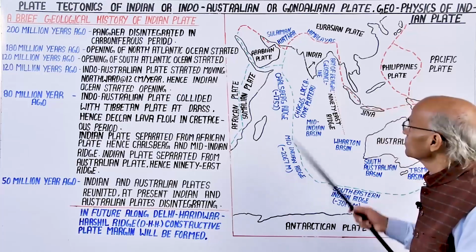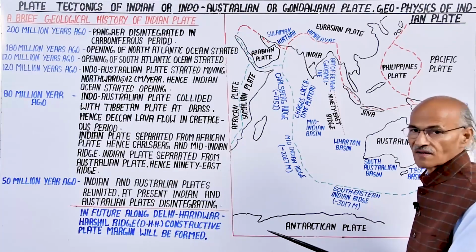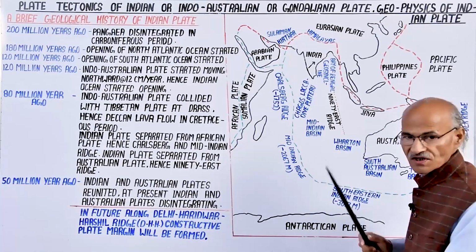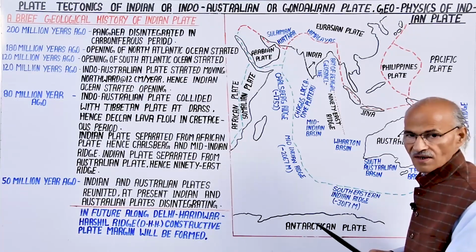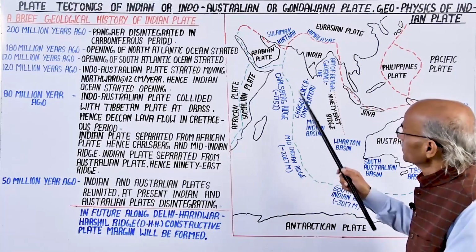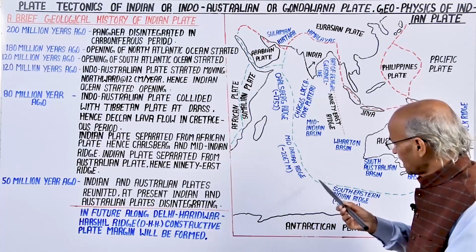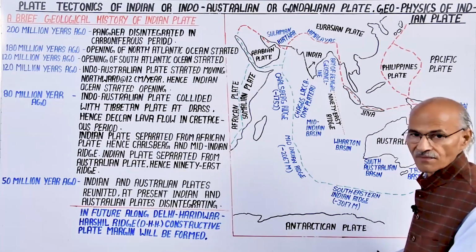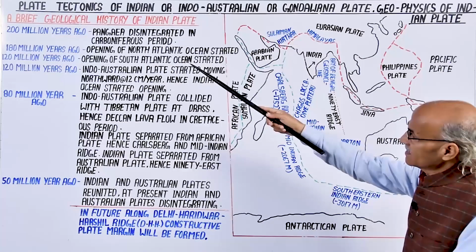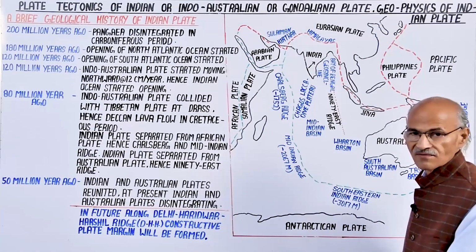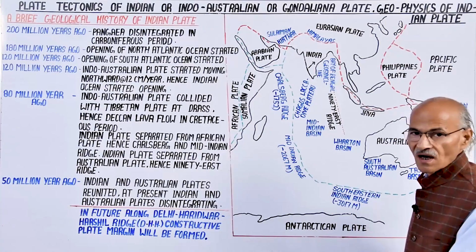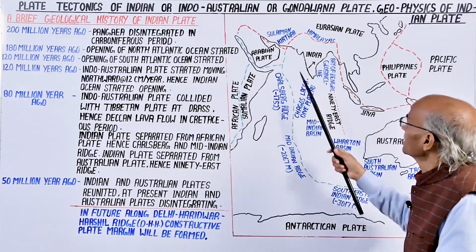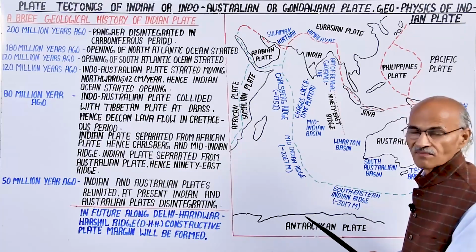Thus, if there is a question by UPSC on the mechanism of the Indian plate, Indo-Australian plate, or Gondwana plate, you will first delimit the Indian or Indo-Australian plate, then give the mechanism in different stages and phases, chronologically, and at the same time you will be describing the evidences in brief.